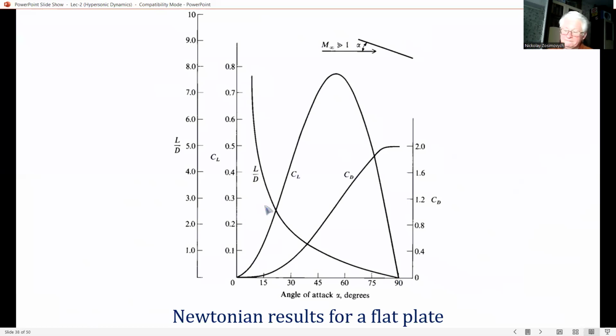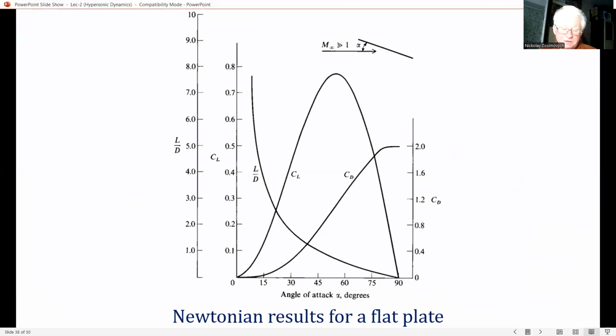And indeed, L over D becomes infinite as alpha becomes 0. However, this is misleading. When skin friction is added to this picture, drag becomes finite at alpha equals 0, and then the L to D ratio must be equal to 0 as alpha comes to 0.